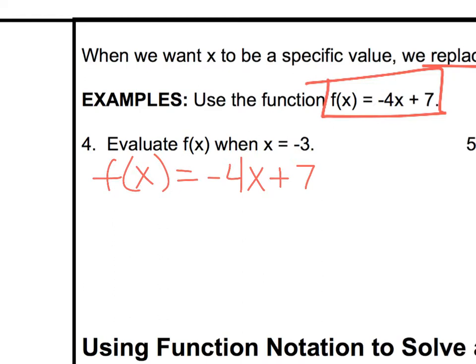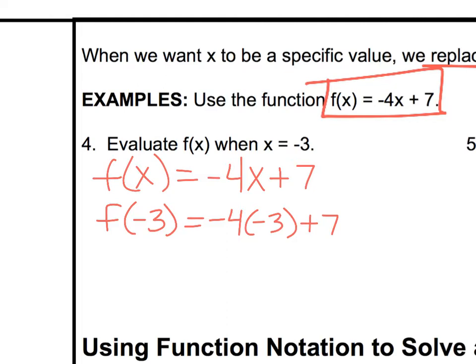So if I want to input negative 3, then I say f of negative 3. It's saying I'm going to put negative 3 into this equation. That is not saying, hey, do f times negative 3. That's not multiplication. What you're going to do is replace it over here, which we've done before. It's just kind of like a fancy way to write it. If you input negative 3, we got to figure out what we output.